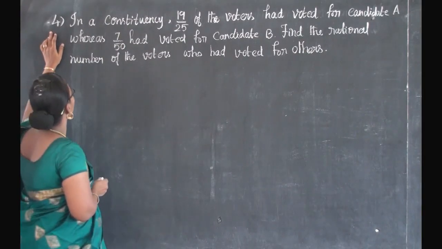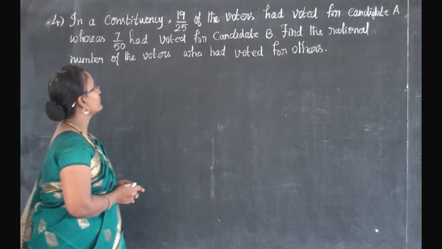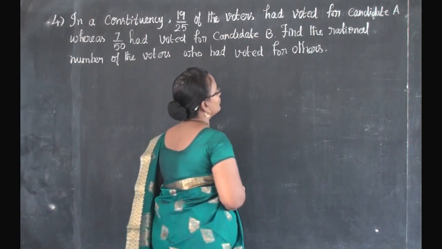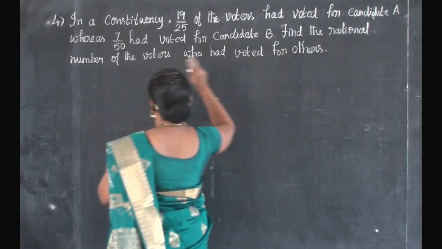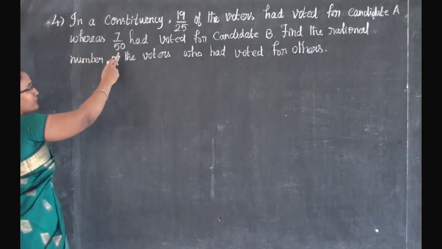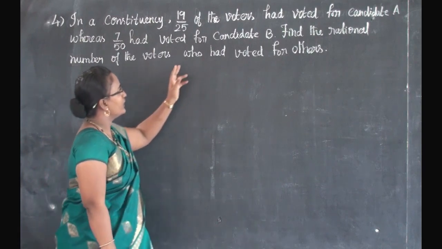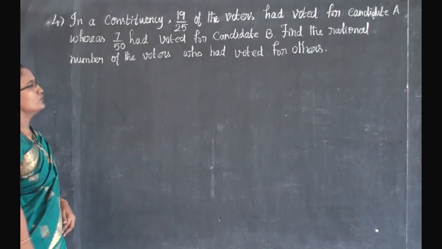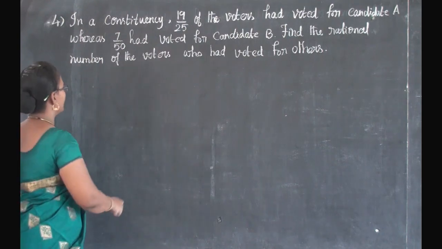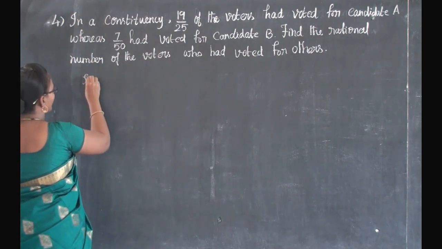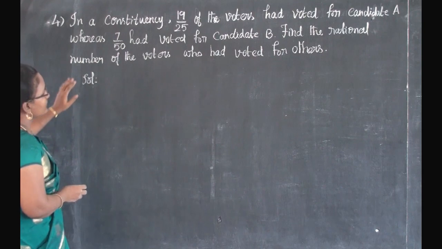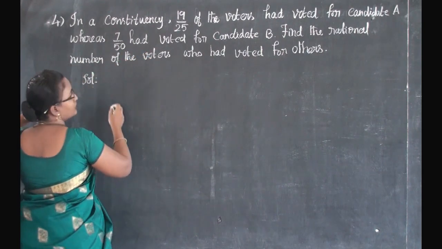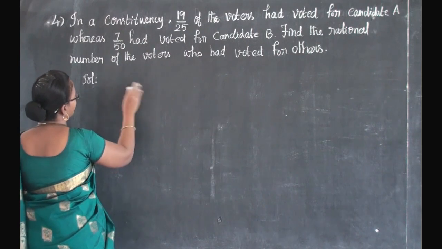Listen, the fourth sum. In a constituency, 19 by 25 of the voters had voted for candidate A, whereas 7 by 50 had voted for candidate B. Find the rational number of the voters who had voted for others. So in the constituency, how many voters voted for candidate A? 19 by 25.